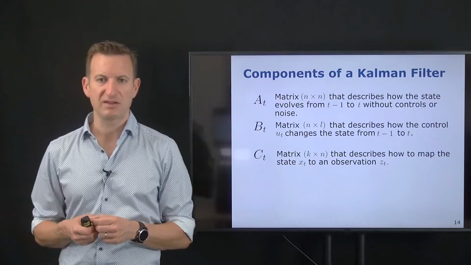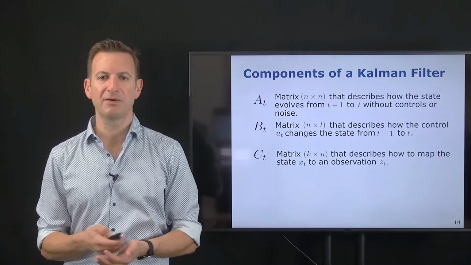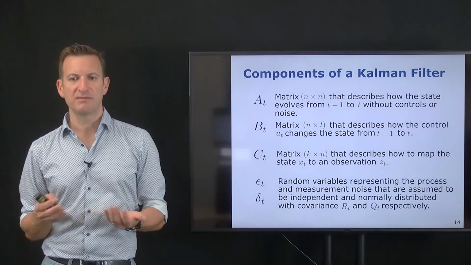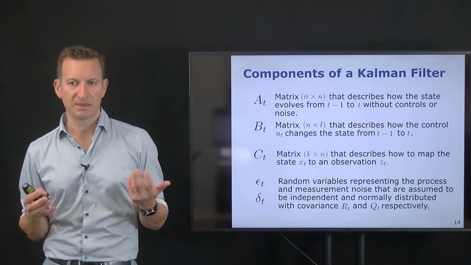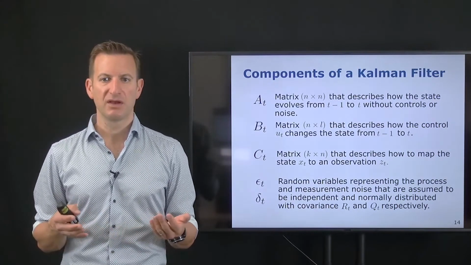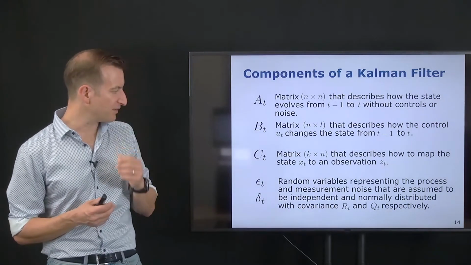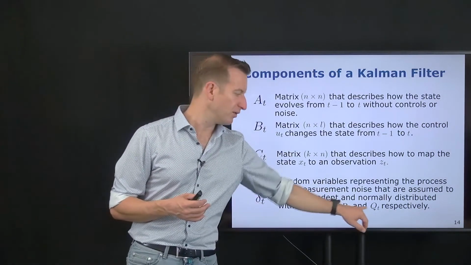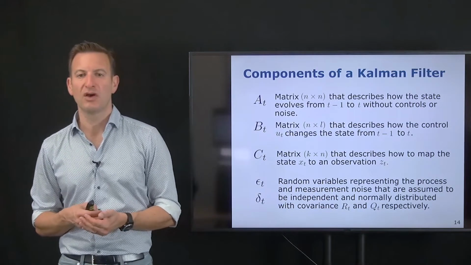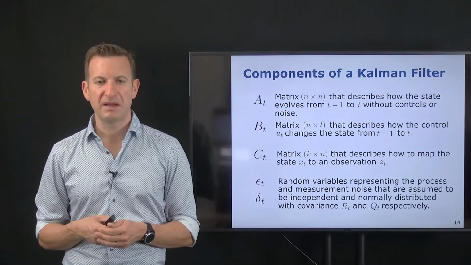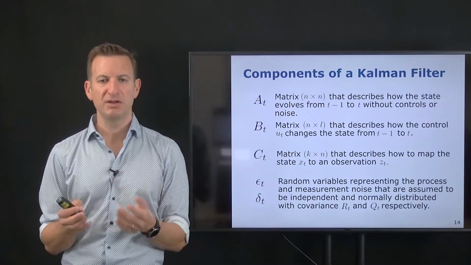which is referred to as zt. And then for both models, we have random variables representing Gaussian noise. This is zero mean Gaussian noise, independent of each other, and it is typically expressed with two covariance matrices, RT and QT, and it depends a little bit on the community you're coming from.